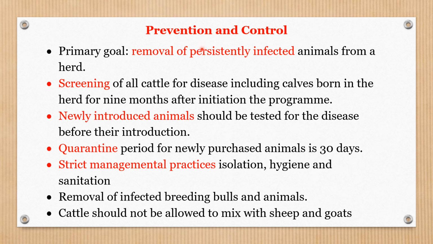Prevention and control. The primary goal of prevention and control is removal of persistently infected animals from a herd. There should be screening of all cattle for the disease, including calves born in the herd for 9 months after initiation of the program to find out the positive cases.